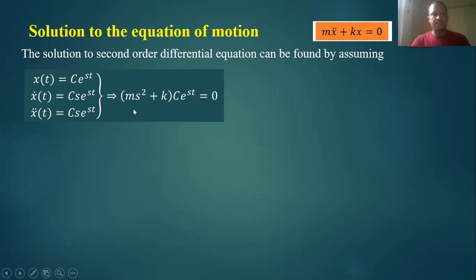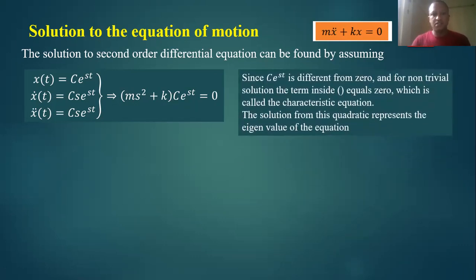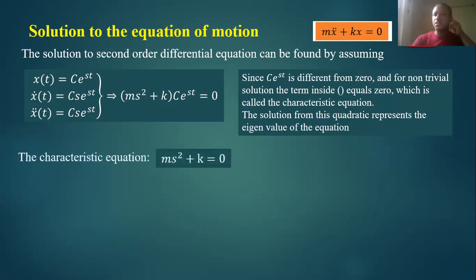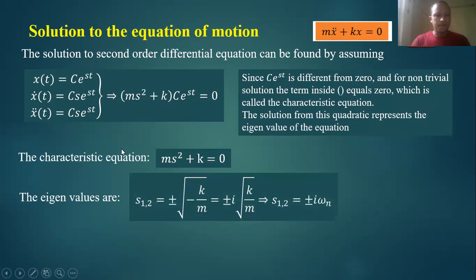Then from that we can get s squared. Since c e to the power of st is different from 0, for the non-trivial solution the bracket term must be 0. So this is the characteristic equation. The eigenvalues are the roots of s, which we find to be plus or minus i omega n. Why?